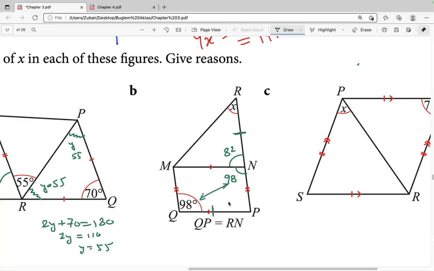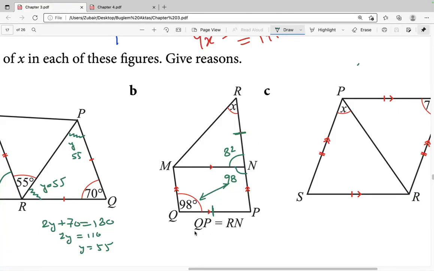That is correct. And what is the name of the property? Opposite angles in a parallelogram, just remove the word vertically. And when you know this was 98, you got that 82, adjacent angles on a straight line.